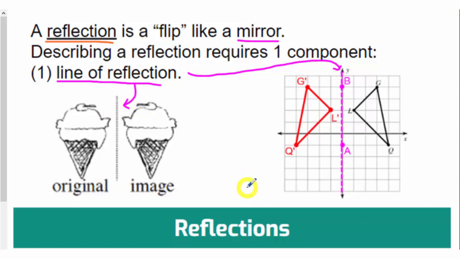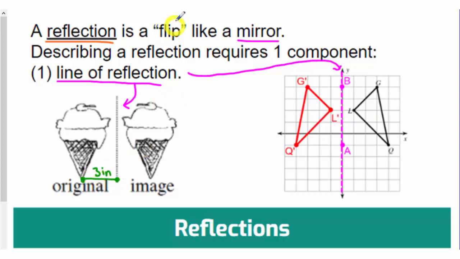And that line of reflection will always be exactly halfway between the 2 shapes. In fact, that's part of how we can define a reflection. The original shape is going to be a specific distance away. So if we want to know where the copy is going to end up, we can measure how far the original is from that line of reflection. Let's make something up here. Let's say that it's 3 inches away.